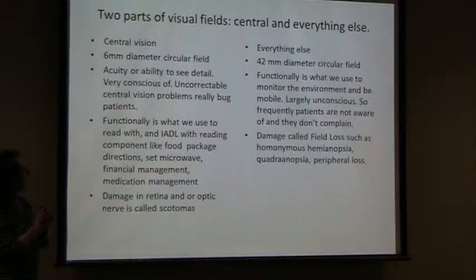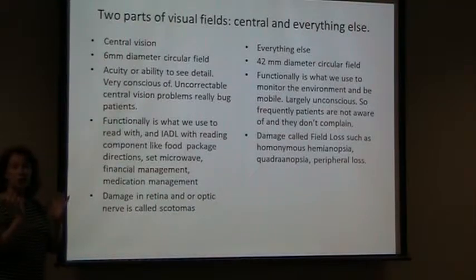Okay? Peripheral vision over there. Peripheral vision is largely unconscious. It's what we use to monitor the environment and to walk around with. So if the peripheral vision starts to go, people usually aren't aware of it.